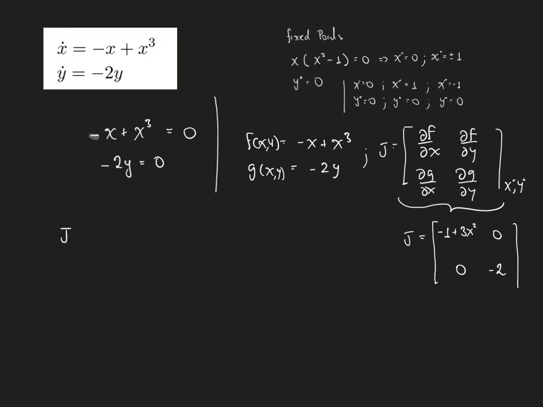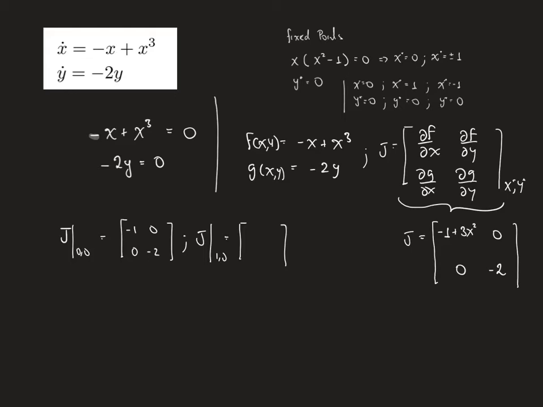So the Jacobian at 0, 0 is equal to what? Minus 1, 0, 0, minus 2. The Jacobian at 1, 0 is equal to what? Minus 1 plus 3.